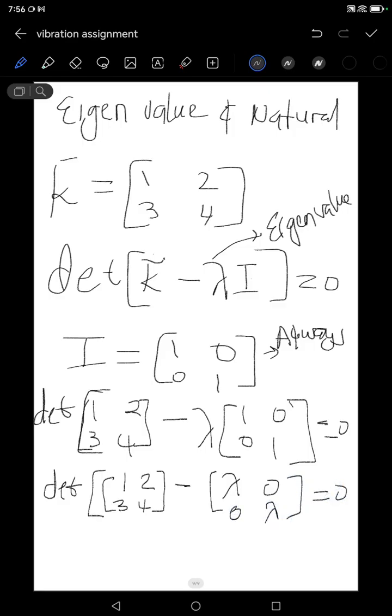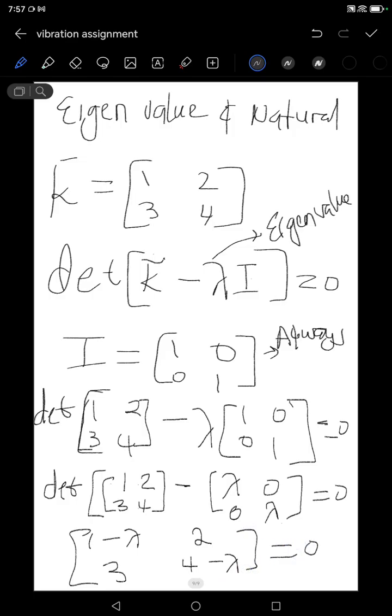Okay, and then after that it's going to be 1 minus lambda. So we're going to have 1 minus lambda, and then 2 minus 0 is going to be 2. We have 2, and then 3 minus 0 is going to be 3. 4 minus lambda is going to be 4 minus lambda, or equals to 0.